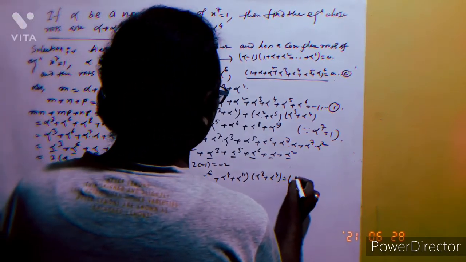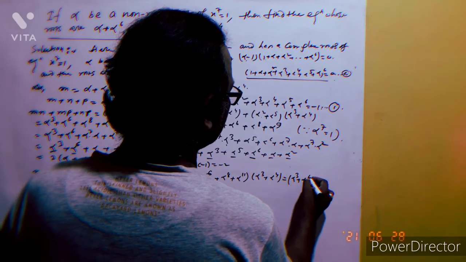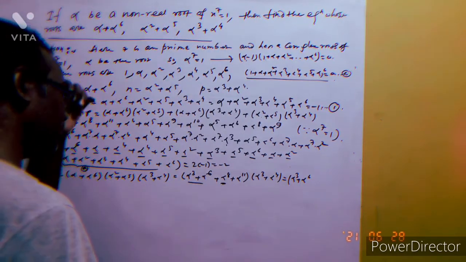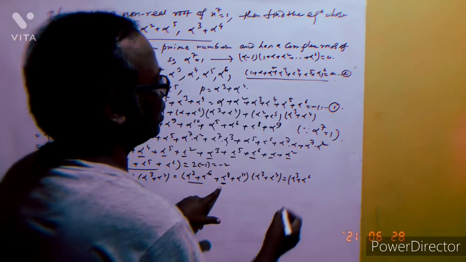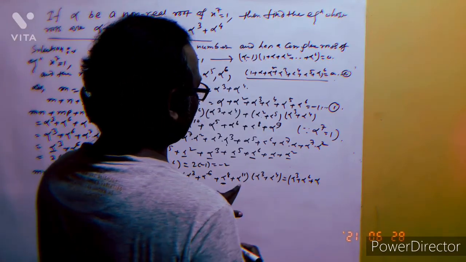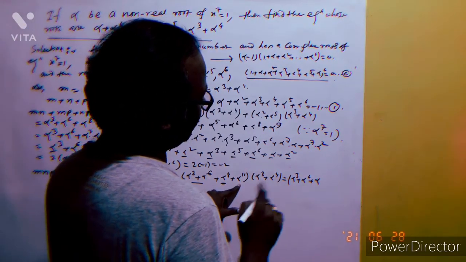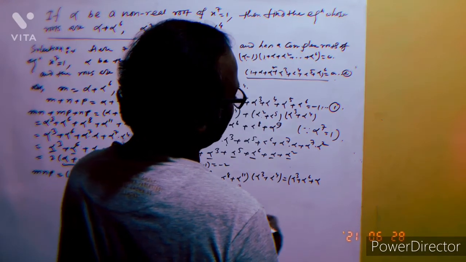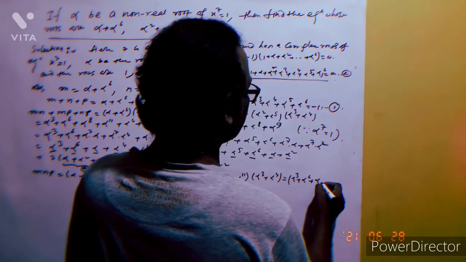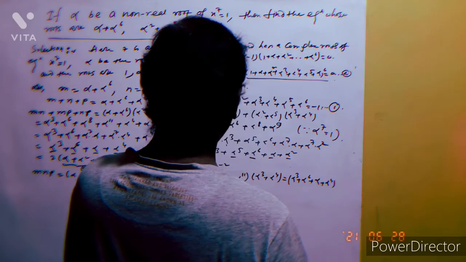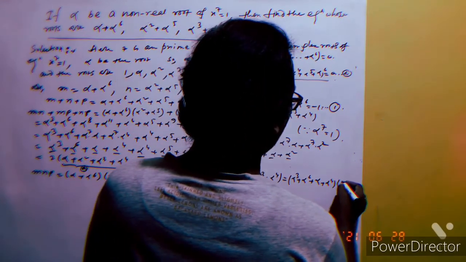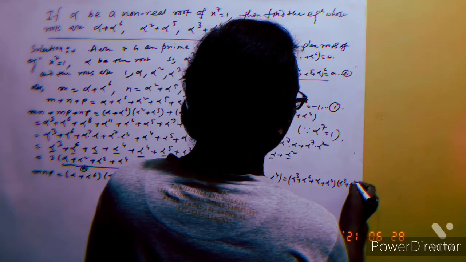From this alpha cube, alpha to the power 6, okay, but here alpha to the power 7 is 1, so you can write here alpha, same as alpha to the power 7 plus 4 is 11, so alpha to the power 4, okay, then here alpha cube plus alpha to the power 4.